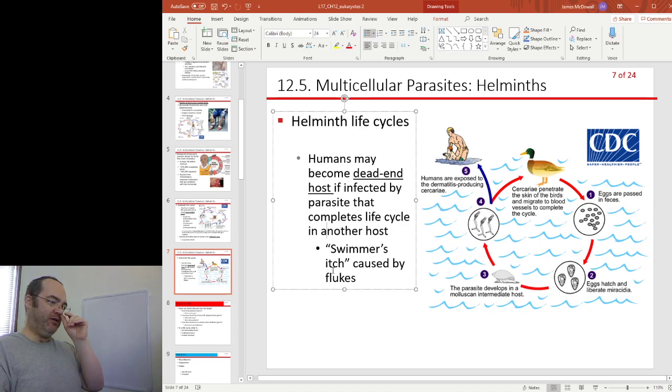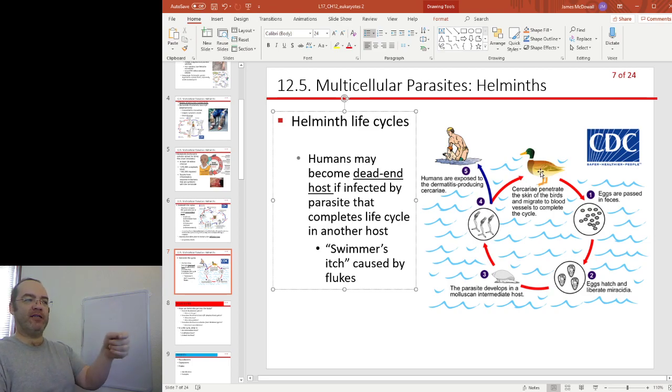So swimmer's itch is when, for example, a human is in an infected environment and they get stuck by accident. So let's take a look at this life cycle. We have the duck getting infected with these cercariae. We have the duck producing eggs and releasing them in its feces.